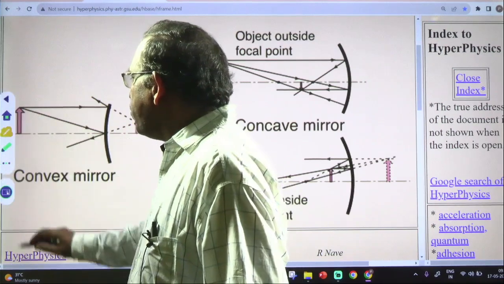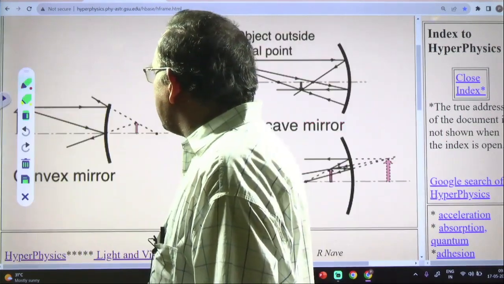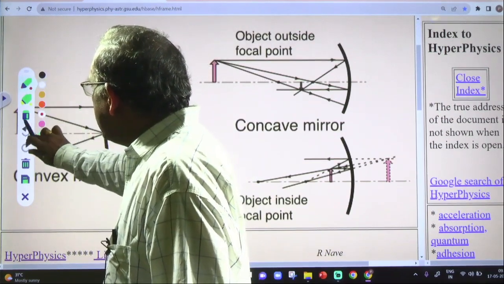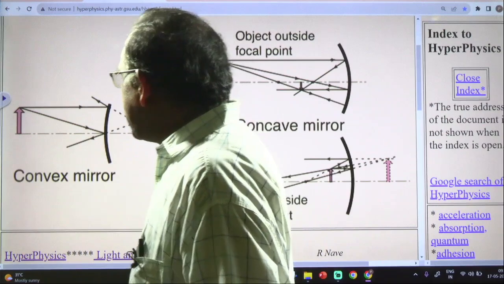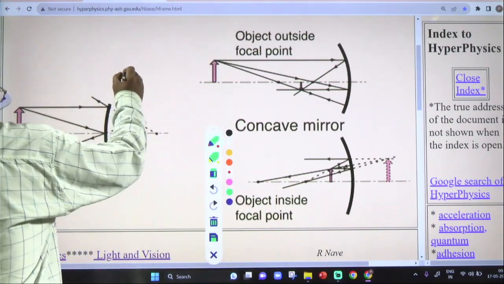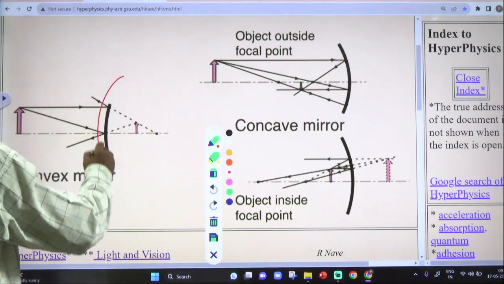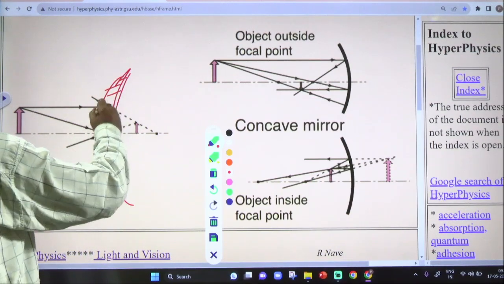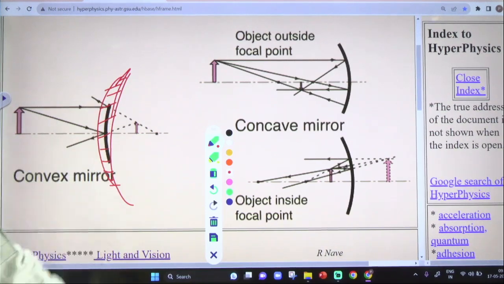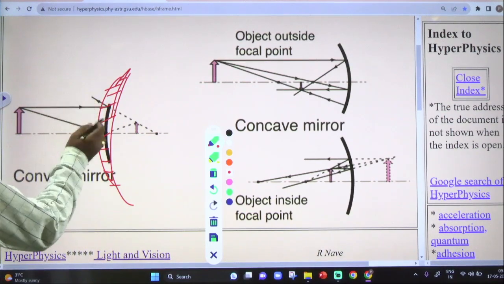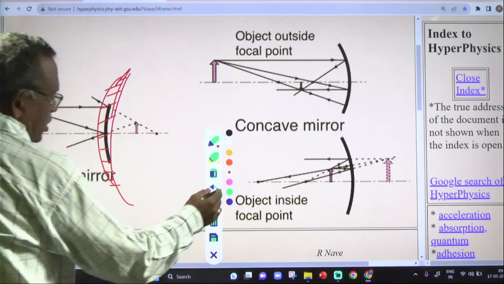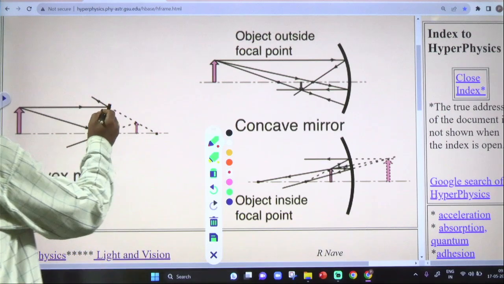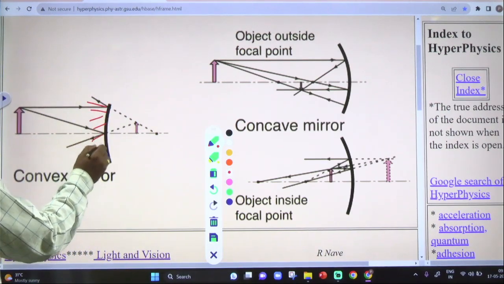If you observe carefully, this is the mirror surface, a curved surface, and this part is the reflecting surface.